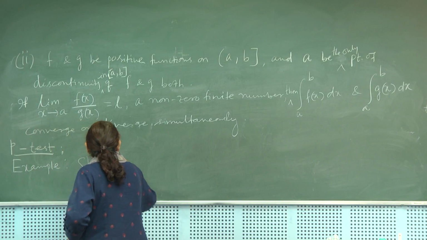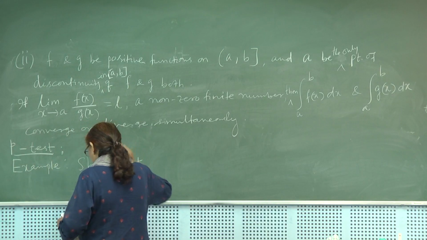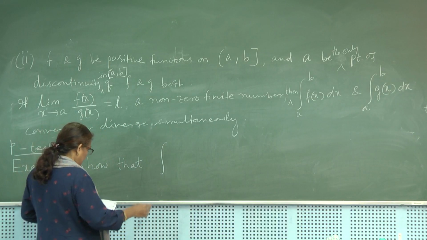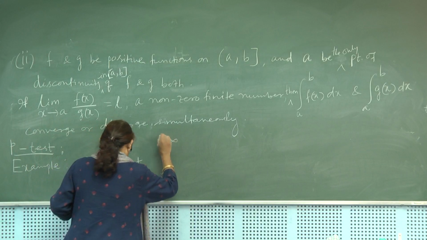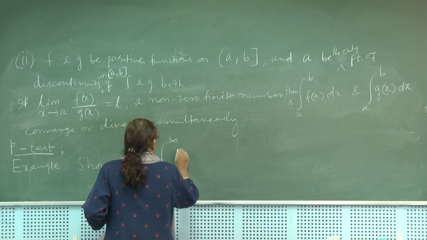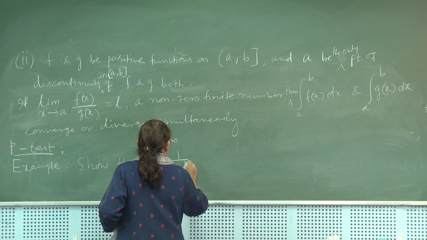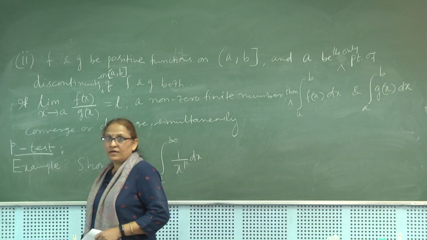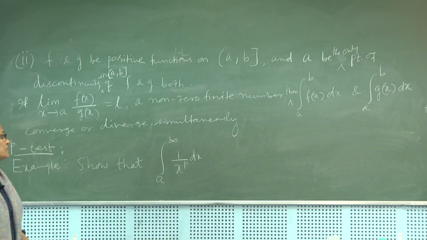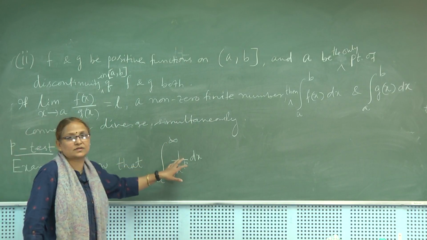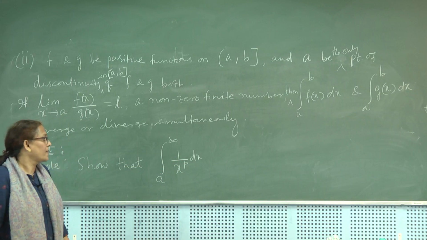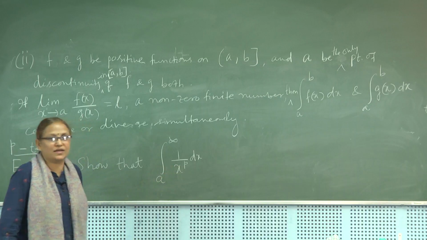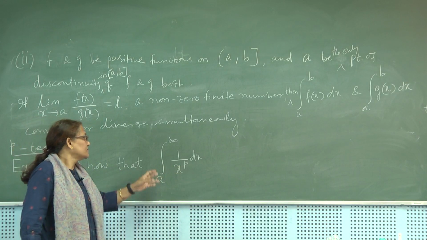So, I ask: when is the type 1 improper integral from a to infinity of 1 upon x to the power p dx, where p is a real number, convergent?